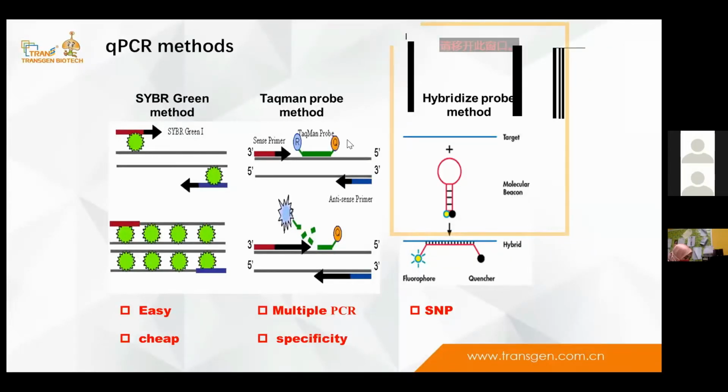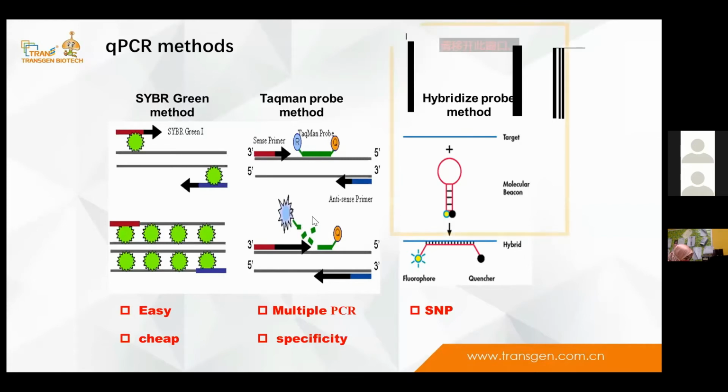The other is the quencher, which can suppress the reporter signals. So when the TaqMan probe is intact, no signals are released. Then during the PCR, the polymerase will cut the probe and release the reporter dye, so the signals will be detected by the machine.